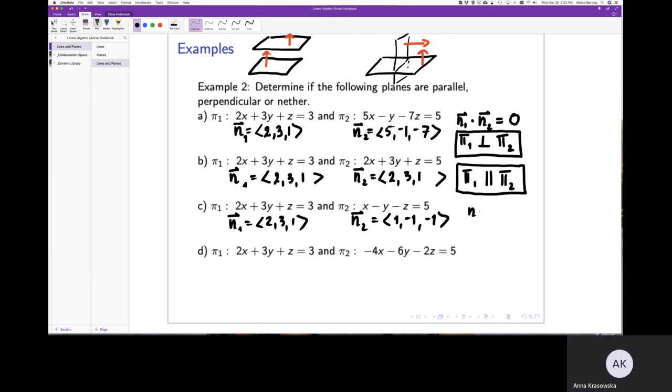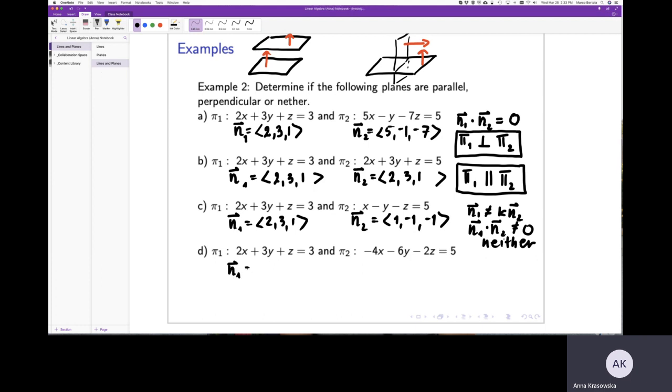No. So n1 is not k times n2. n1, write them as vectors, dot n2 is not equal to 0, and the answer is neither. Okay, so they are not parallel, not perpendicular. They will intersect. There's a different angle between them than 90 degrees.